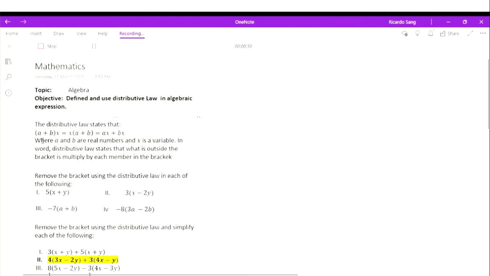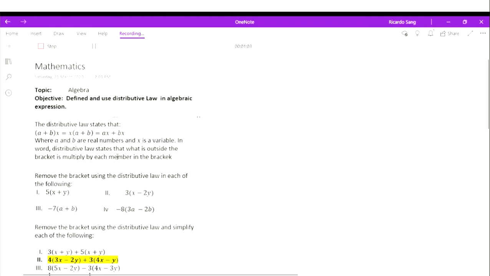It states that (a + b)x is equal to x(a + b), which is also equal to a times x plus b times x, where a and b are real numbers and x is a variable.